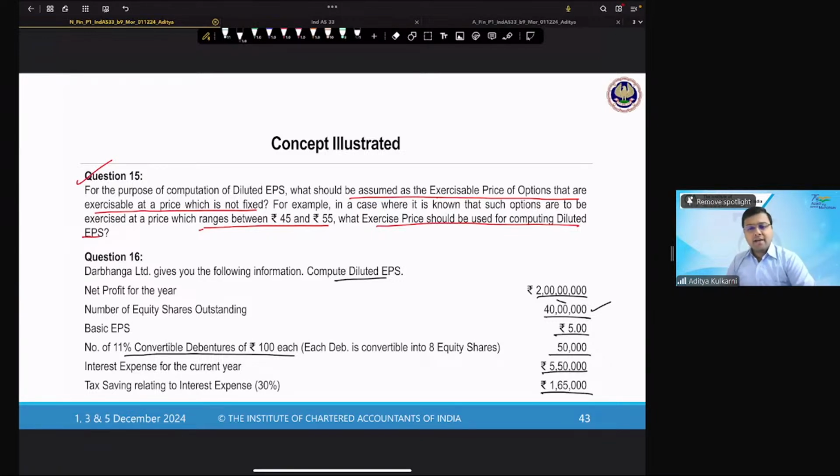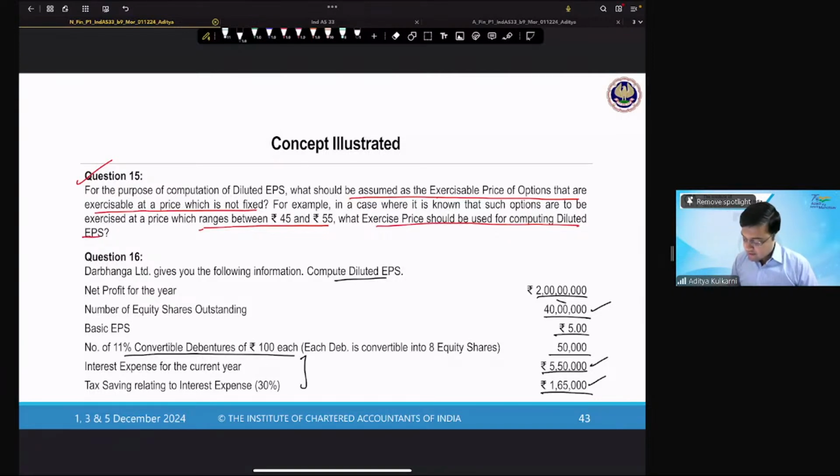Is everybody okay with that? 5,50,000, because once my debentures are converted, that will result in the saving of the interest cost, 5,50,000. But because of that savings in interest, your tax also will go up. So the tax saving is 1,65,000.